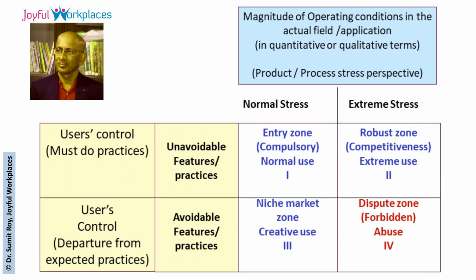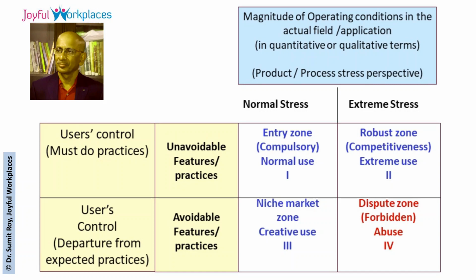So yes, if the operational field condition is mapped and then segregated into these two parts, normal and extreme, then at the time of design verification, the designer could very well check the performance of the product under these two levels of stress.